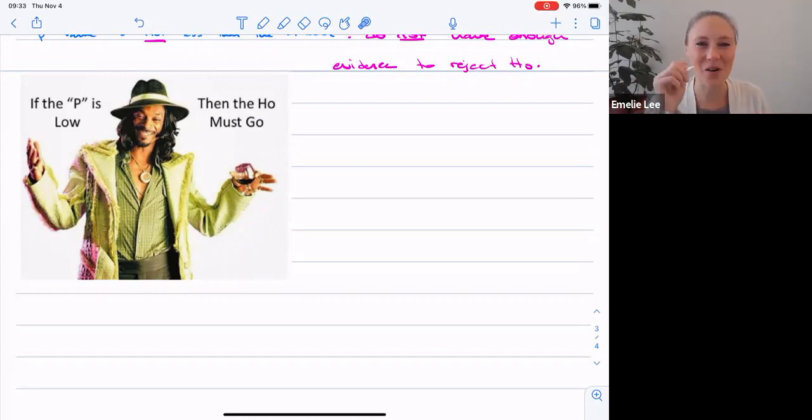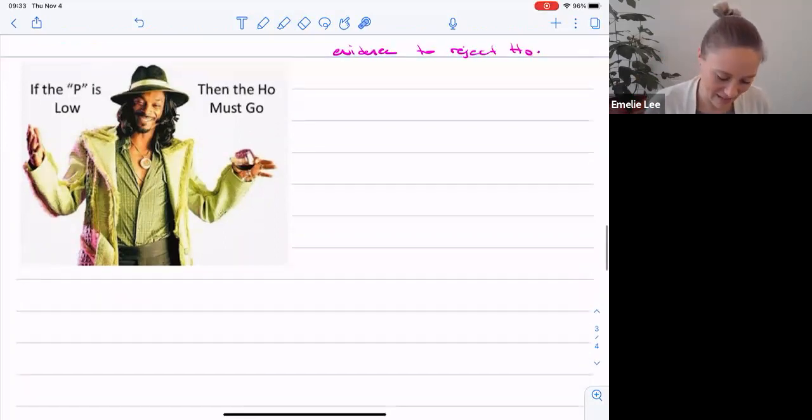If I'm marking final exams, I always see it scribbled in the corner somewhere. They had to get it out: if the p is low, then the null hypothesis must go. I know it's useful, so that's why I keep sharing it, even if it's a little bit inappropriate.